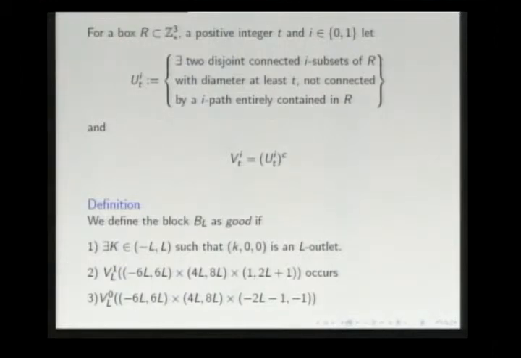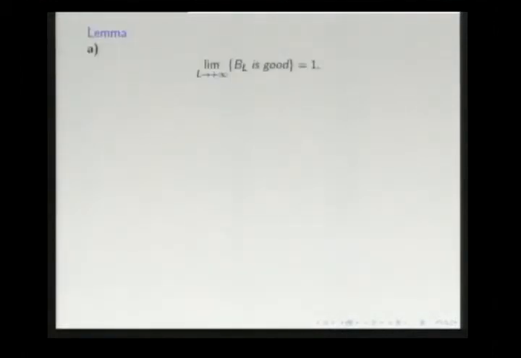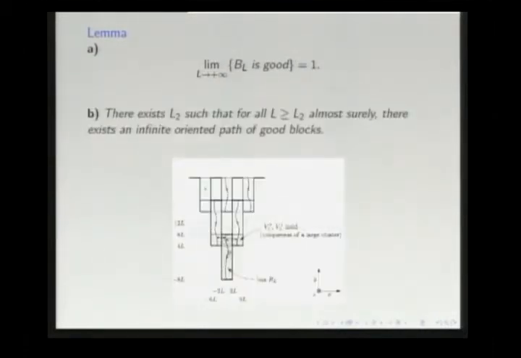Then we can prove that the probability that some block is good goes to 1 when L goes to infinity. Then I have some infinite path of good blocks.